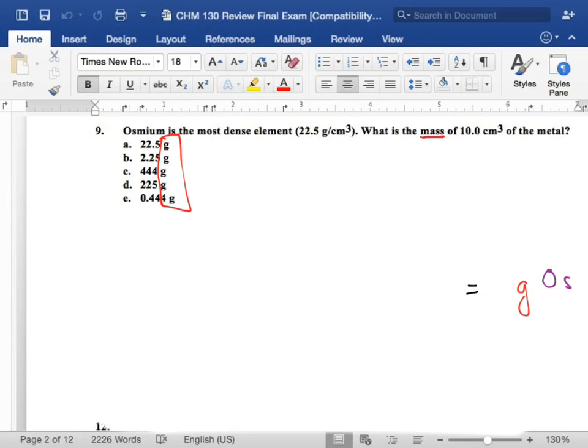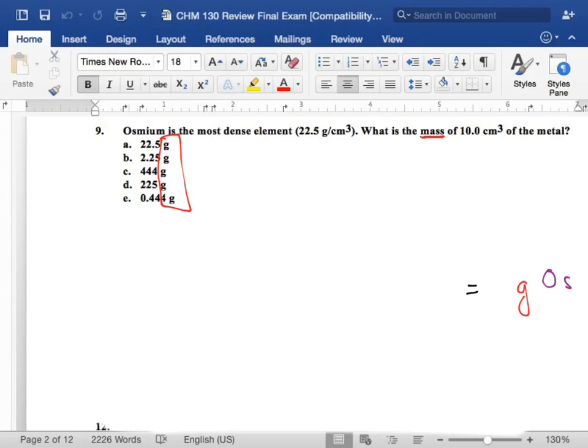Okay? What am I given? I'm given 10.0 centimeters cubed and 22.5 grams per centimeter cubed. Which of those two do I want to use first? Why do you want to use 22.5 first? That's already free. That already has a gram value in it. That's what I want for an answer.